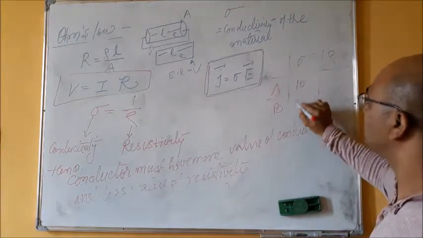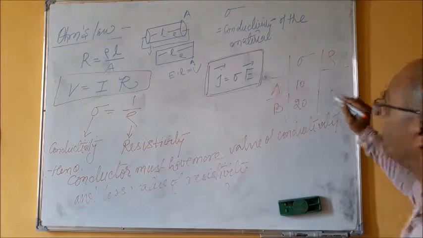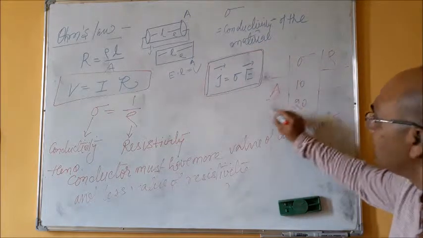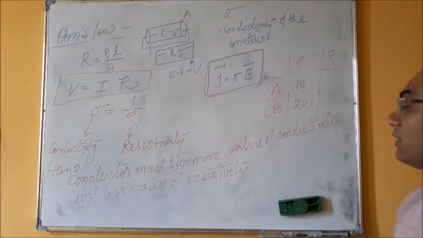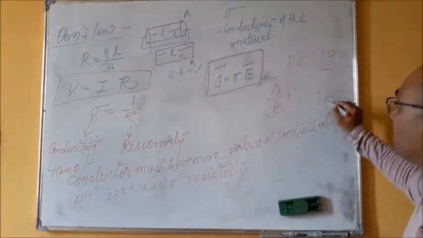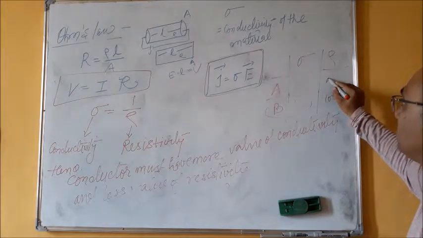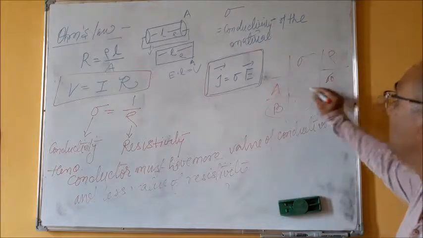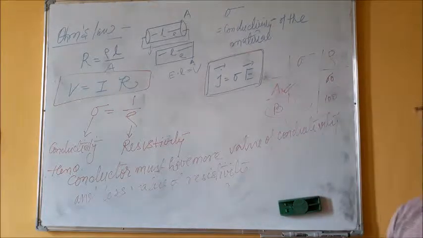Suppose for example this is 10, this is 20. Which is a good conductor? B is a good conductor. Suppose another example: this is 100, this is 60. Which one is a good conductor? A is a good conductor.